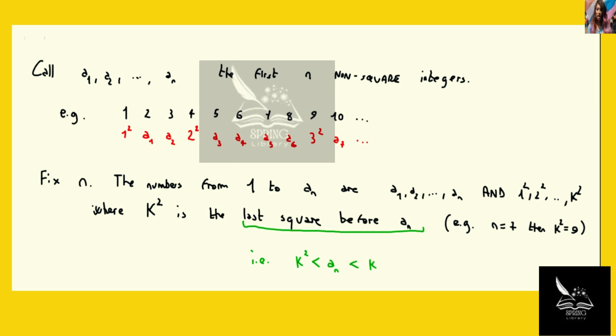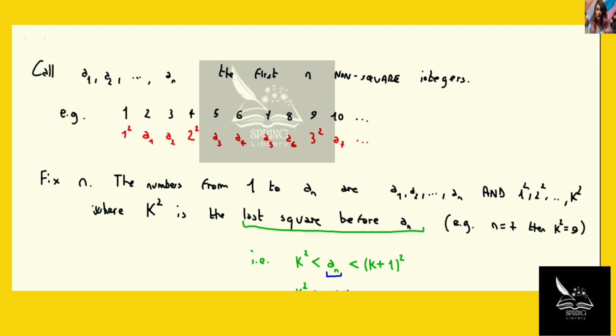Now the last square before an is by definition the number k such that k squared is lower than an, lower than k plus 1 squared. Now what is the value of an?